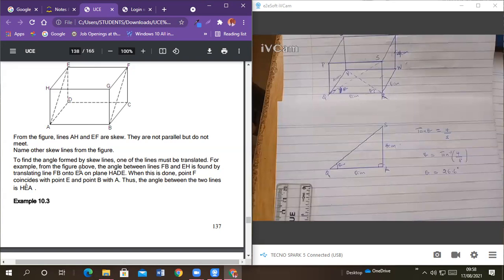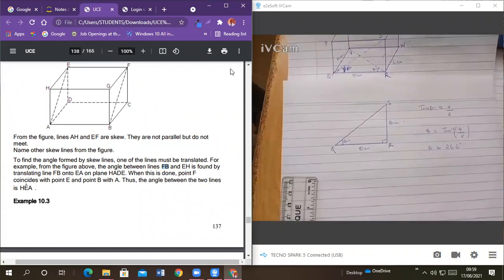For example, from the figure above, the angle between FB and EH is found by translating line FB onto EA.